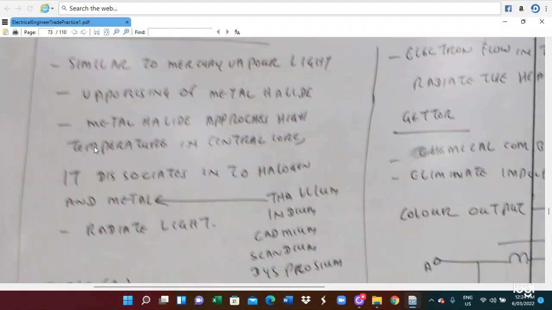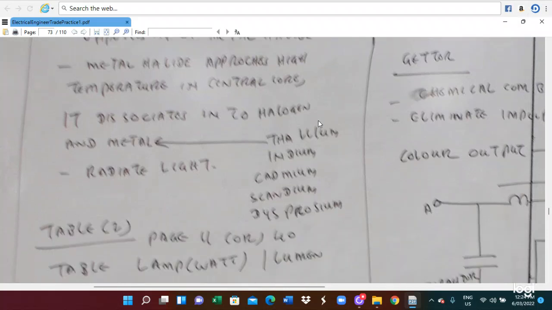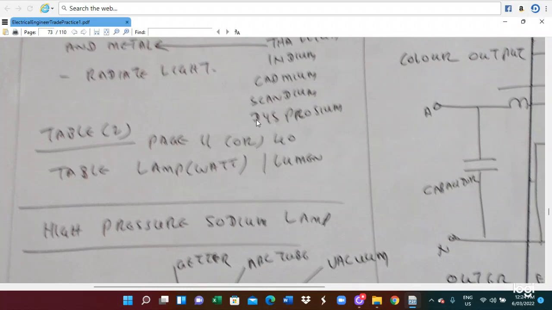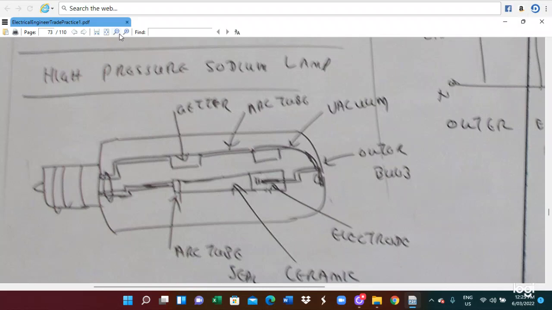The metal halide approaches high temperature and then dissociates into the halogen and metals like aluminum, lithium and cadmium, and they also radiate the light. So this is the principle of the metal halide light, and here is the metal halide light diagram.